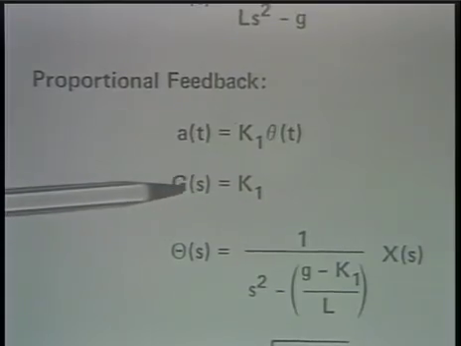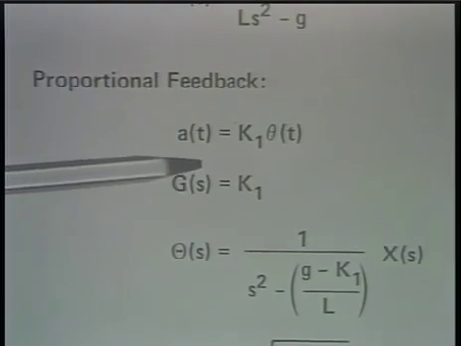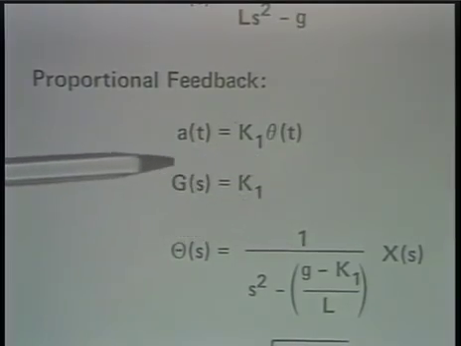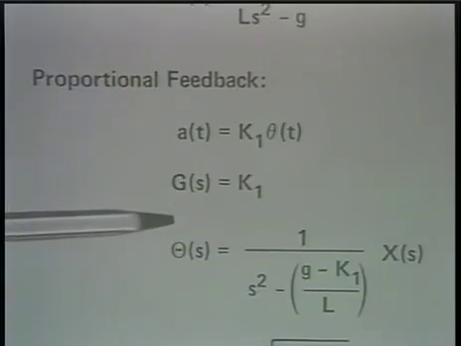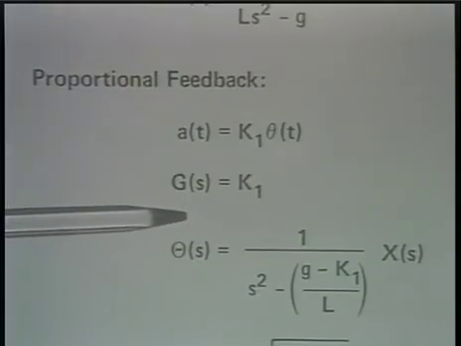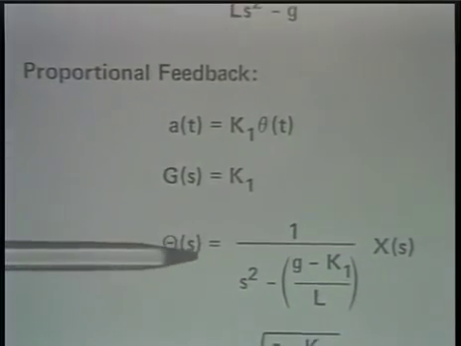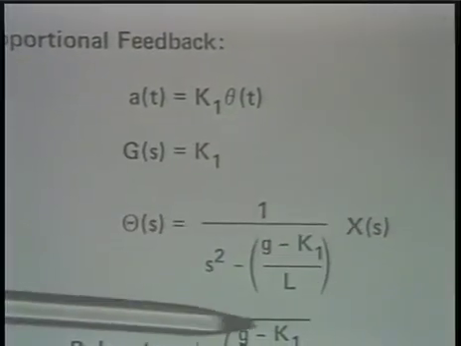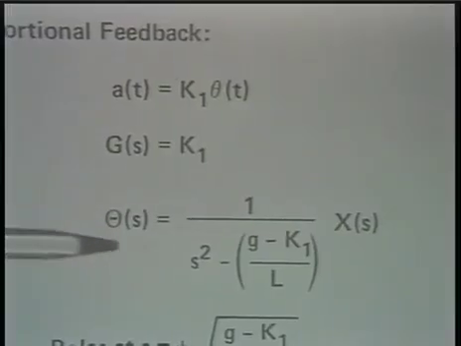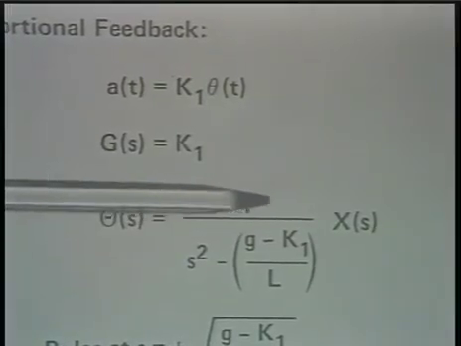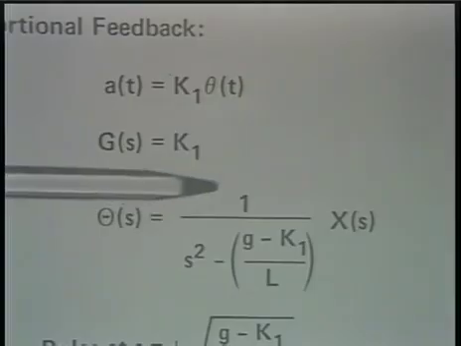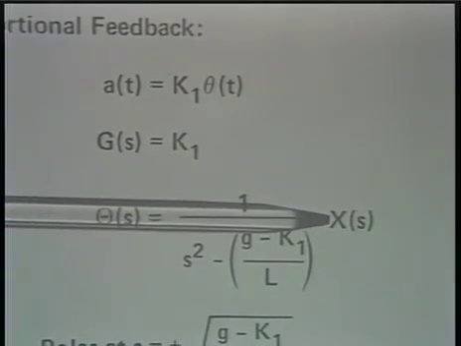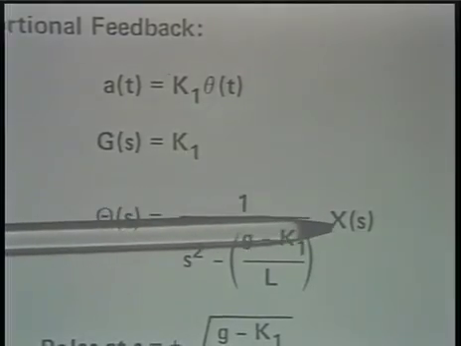Well, substituting this into the closed loop expression, the overall expression for the Laplace transform of the output angle is, as I indicate here, that theta of s is proportional through this system function to the Laplace transform of the input x of t.